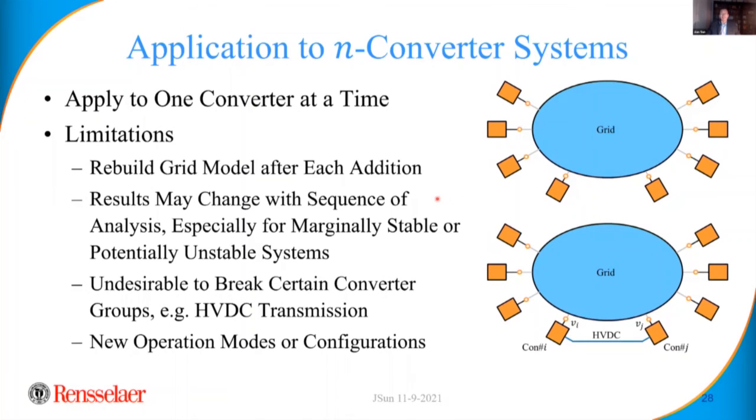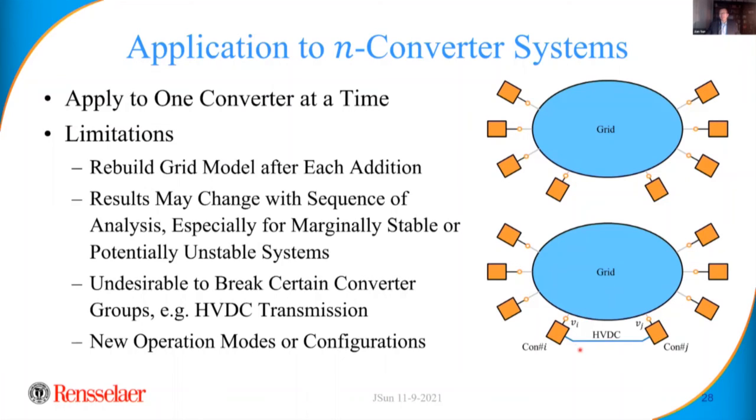Really tedious. It has a lot of limitations because each time we pick one converter, we have to model the rest of the converters with the grid, so we have to rebuild all the models. The result may also change with the sequence. If we look at this converter first and that converter after, or reverse the order, you may get different results, particularly when the system is marginally stable.